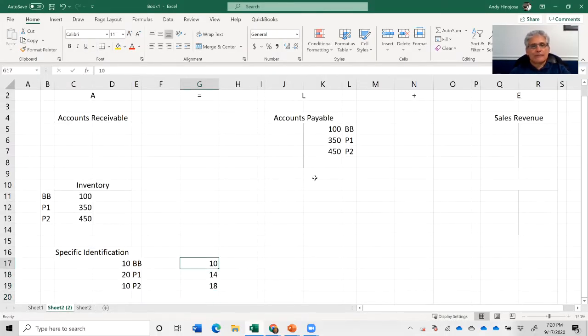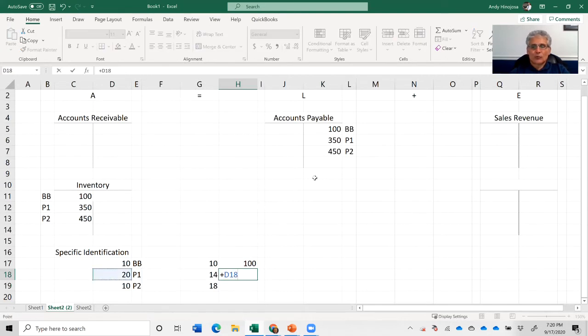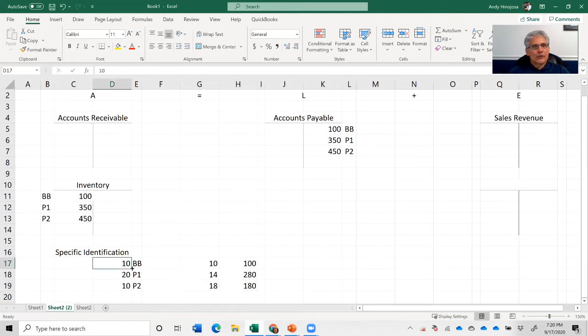So to figure out the cost of goods sold, we'll take the 10 and multiply it by the 10, that's $100. We'll take the 20 and multiply it by the 14, and we'll take the 10 and multiply it by 18.